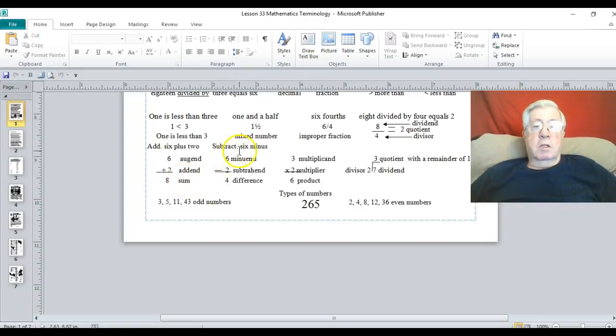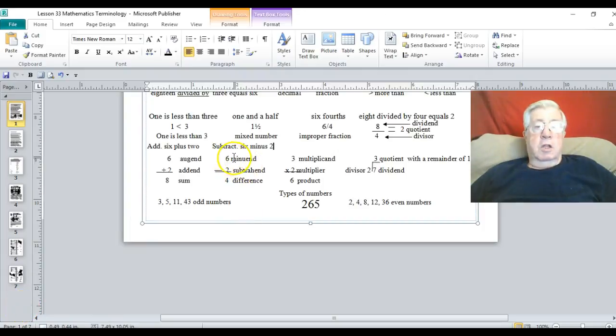Subtract 6 minus 2 equals 4. 6 is called the minuend. 2 is called the subtrahend. The answer 4 is the difference.